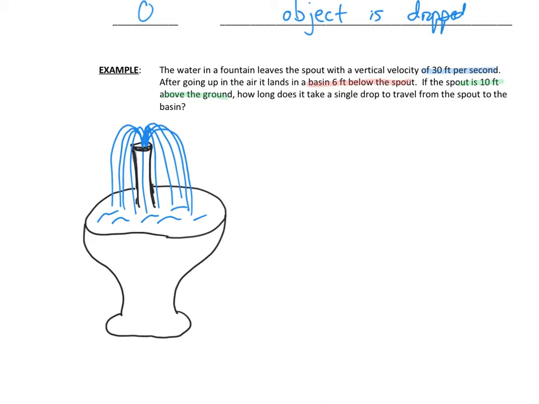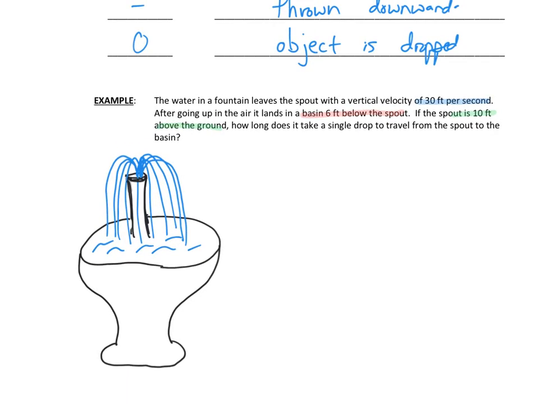Okay, so now if we look at the heights, it says that the initial velocity is v0. The initial velocity is 30 feet per second. They tell us that after going up in the air, it lands in a basin that is 6 feet below the spout.